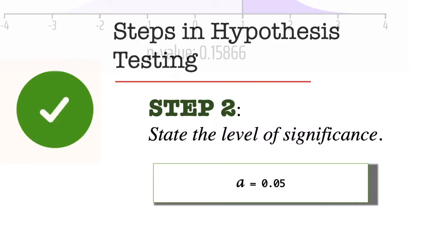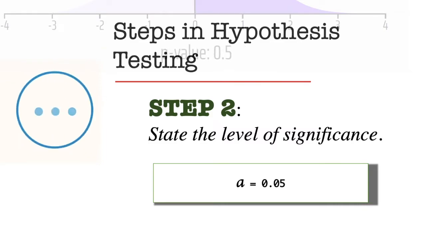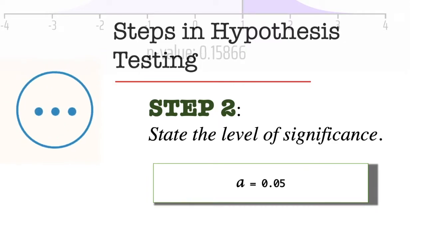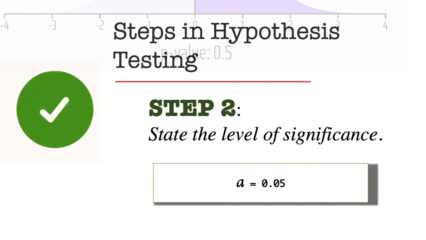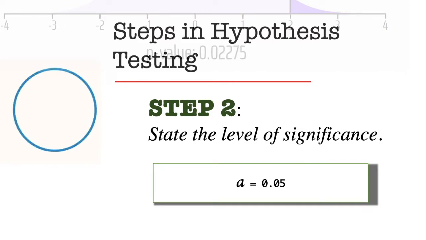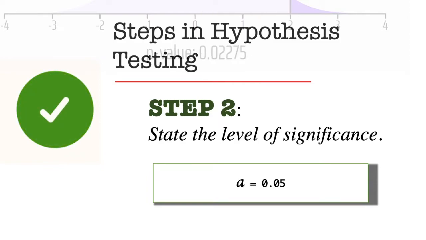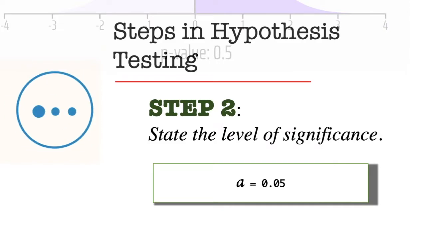This means that there is a 5% chance that you will accept your alternative hypothesis when your null hypothesis is actually true. So the smaller the significance level, the greater the burden of proof needed to reject the null hypothesis, or in other words, to support the alternative hypothesis.